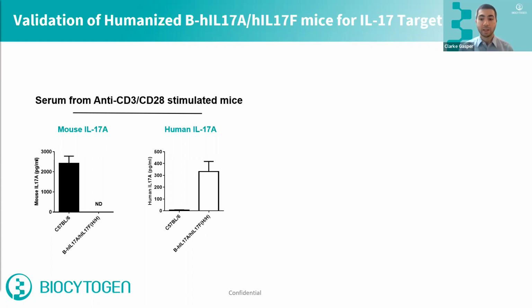And so on the left, mouse IL-17A was only detectable in wild-type mice, while human IL-17A was exclusively detected in the homozygous double humanized IL-17 mice.